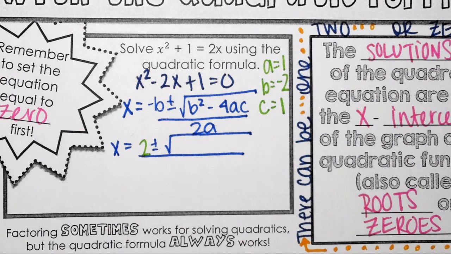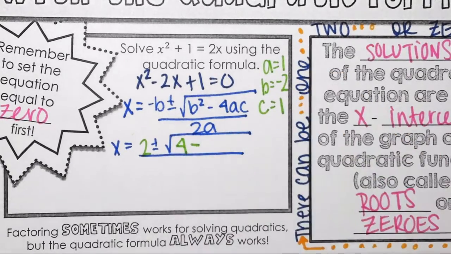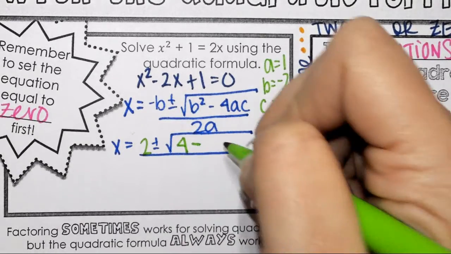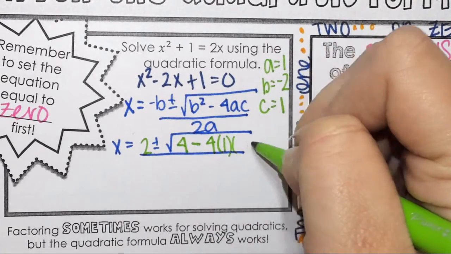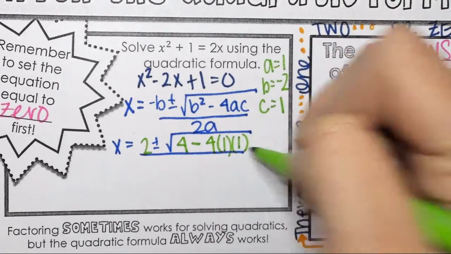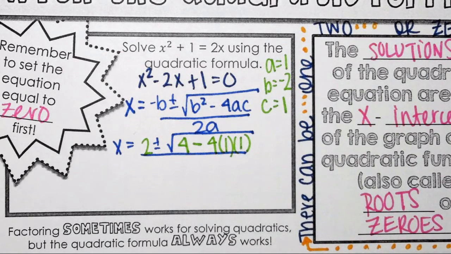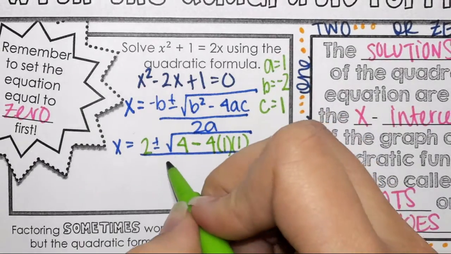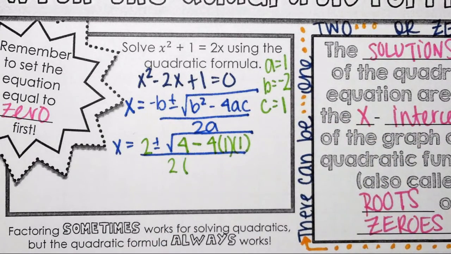What is negative 2 squared? 4, good. Minus 4 times 1 times 1. All divided by 2 times what? What's a? 1.